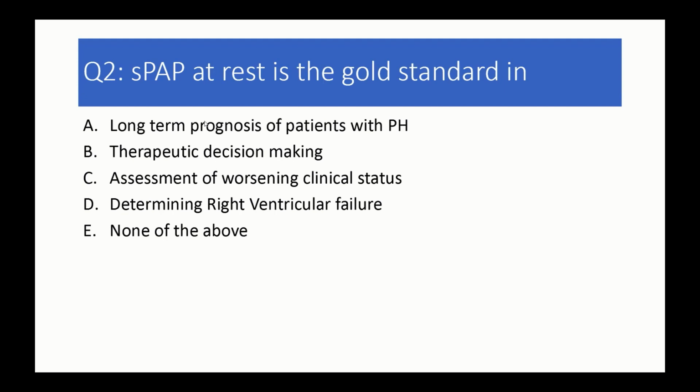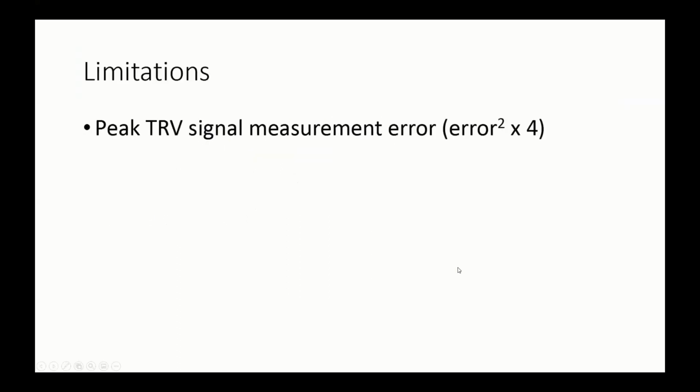But you can see how in all of these there is some utility in using echo, but it doesn't seem to be the gold standard in these situations. All right, so there are some limitations for using echo in measuring the pulmonary artery pressure.